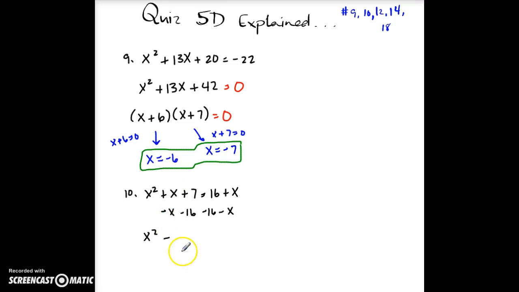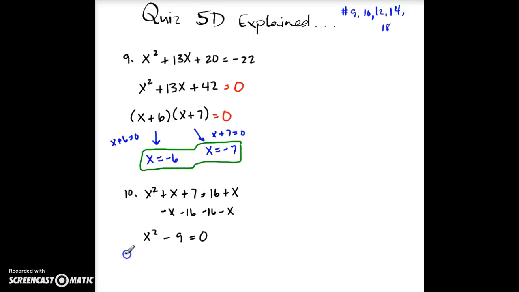These guys cancel out, so there's no longer an x term. Positive 7, negative 16, that has the minus 9, and that equals 0. So that extra x term you had in there was a bit of a math faux pas. So x squared minus 9 equals 0.